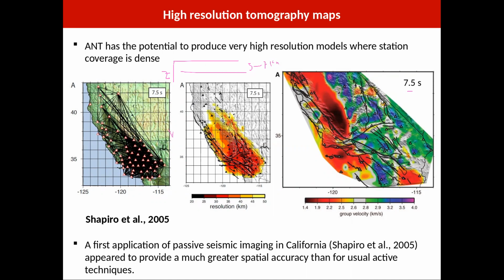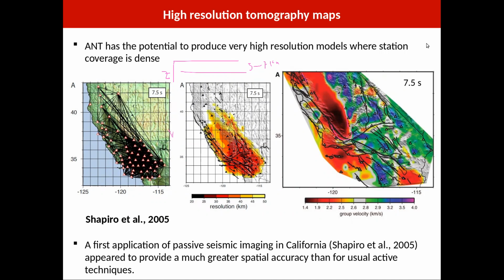So the information we're getting is that at about 5 to 7 kilometers, there is a low velocity. Now the red color code indicates a low velocity because it's 1.4 to say 2.5. So there is a low velocity structure.